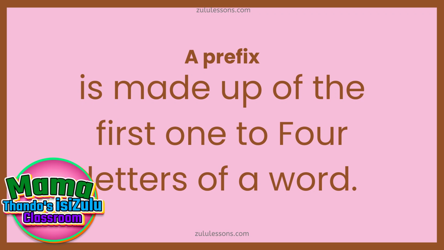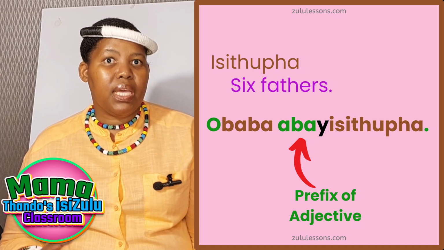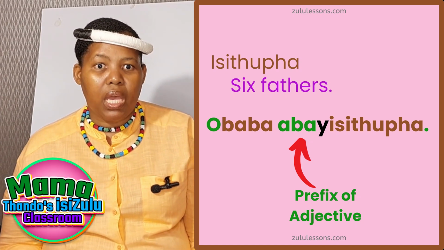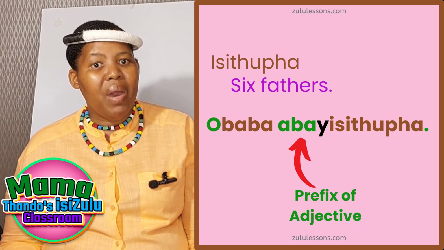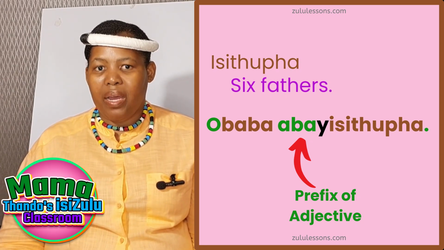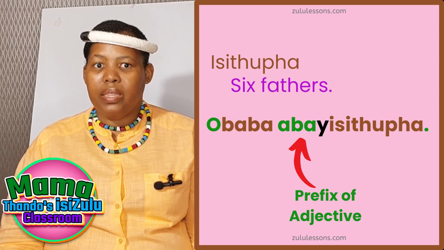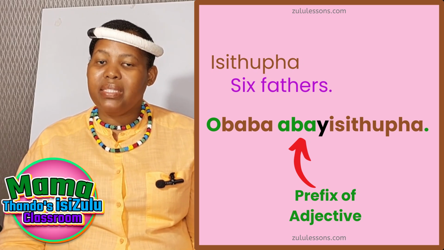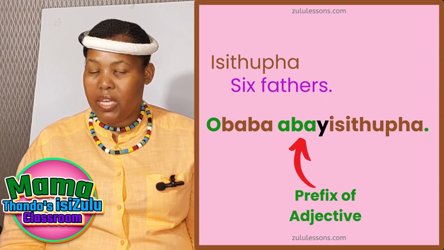But what is a prefix, you might ask? A prefix is made up of 1, 2, sometimes 4 letters before a word. So if you wanted to say 6 dads, you would say obaba abayisithupha. The letters aba before the number isithupha, that's the prefix for the adjective.